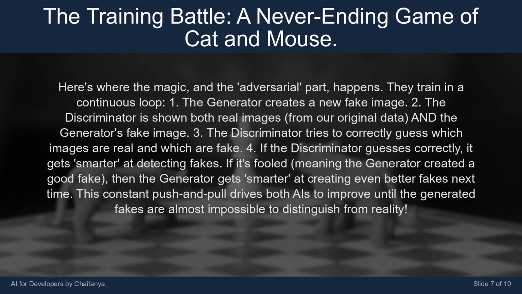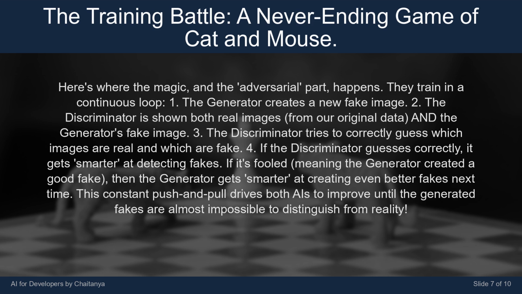Here's where the magic and the adversarial part happens. They train in a continuous loop. 1. The generator creates a new fake image. 2. The discriminator is shown both real images from our original data and the generator's fake image. 3. The discriminator tries to correctly guess which images are real and which are fake. 4.